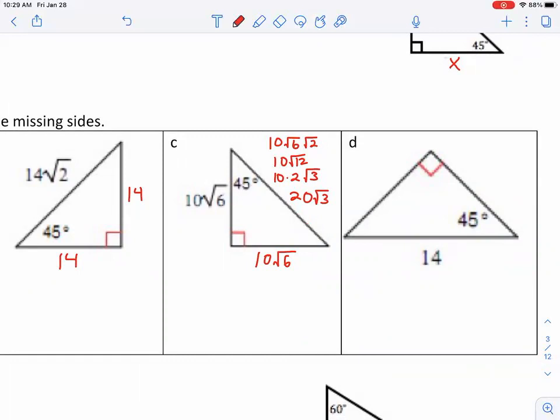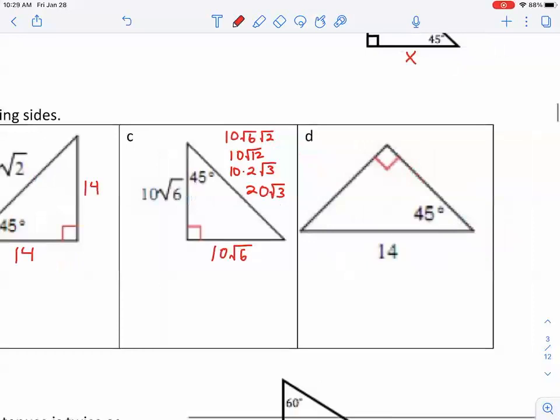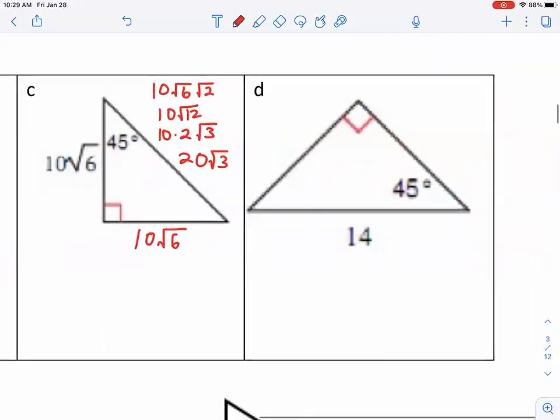Because the next one gets a little harder also. The problem with part D is that we're given the hypotenuse here is 14. Well, remember, this is x, and this is x, and this is x root 2. So to find our x's, what we want to do is set our hypotenuse equal to x root 2 and solve it for x.